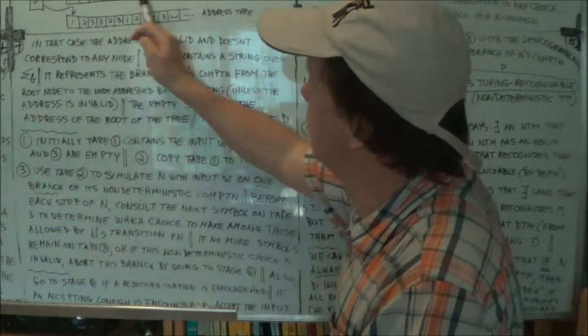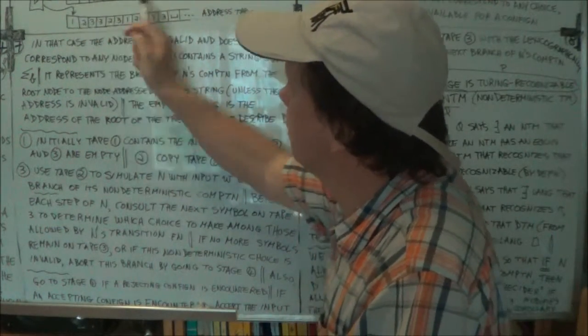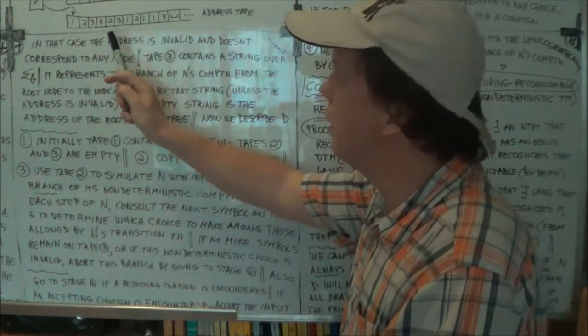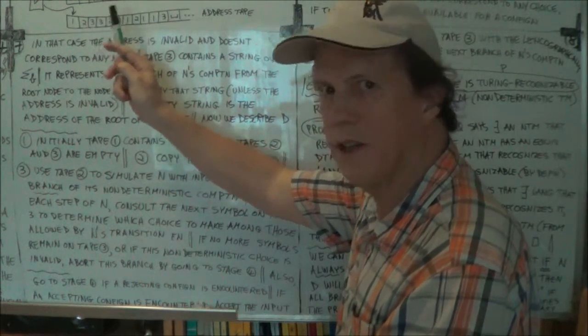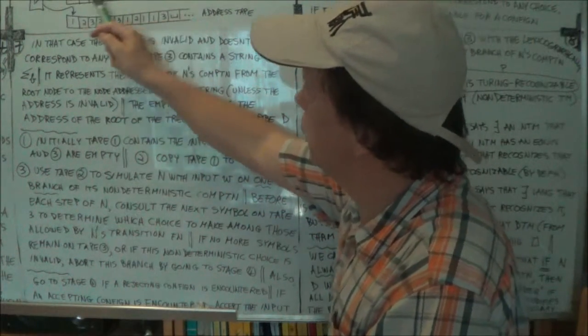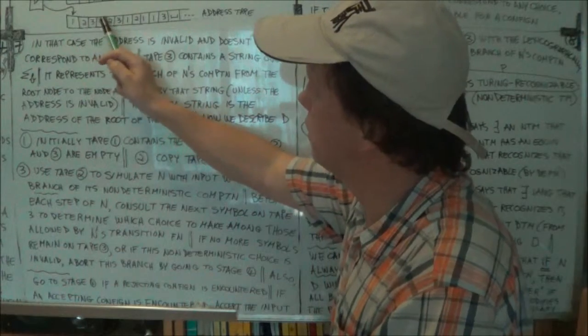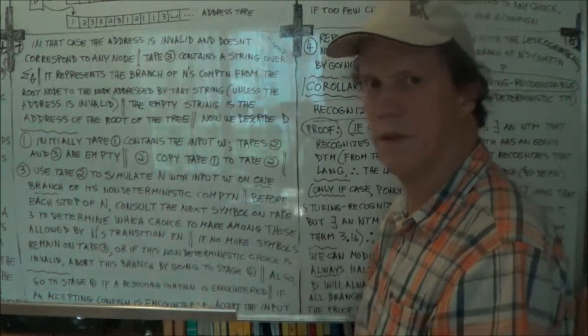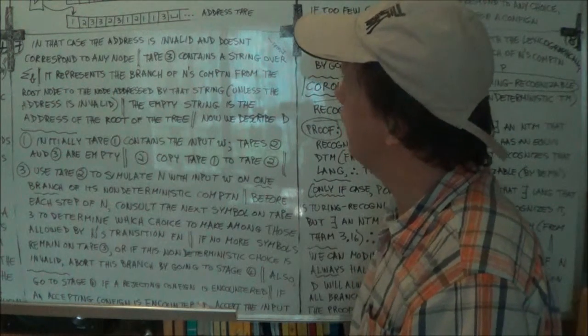Because you're updating this the whole time. At each node, you have to look at its configuration and use the transition function, and you can find out what you have to do to your tape each time. So at each node, you're updating, you're writing on your tape and so forth. Okay.